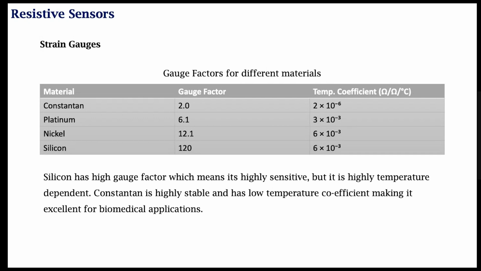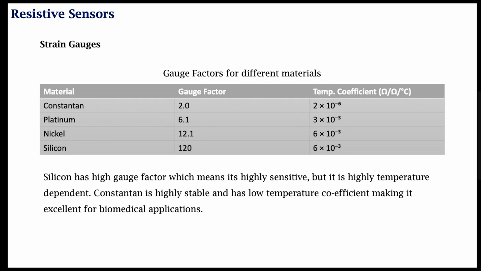These are the catheter tip pressure sensors. Remember, it is not like the same material or the same metal can be used in all applications. I can give an example of each of these materials having a particular biomedical application.